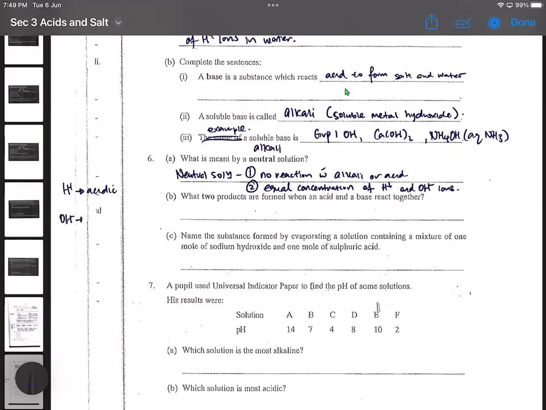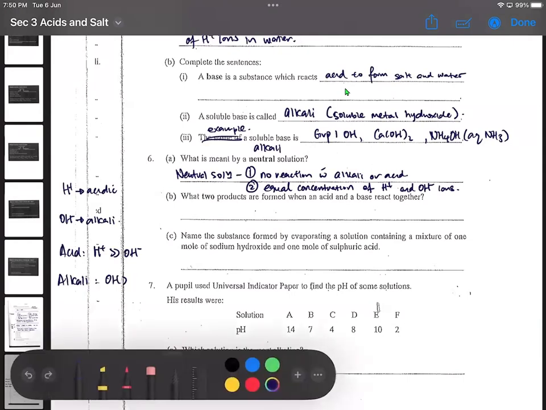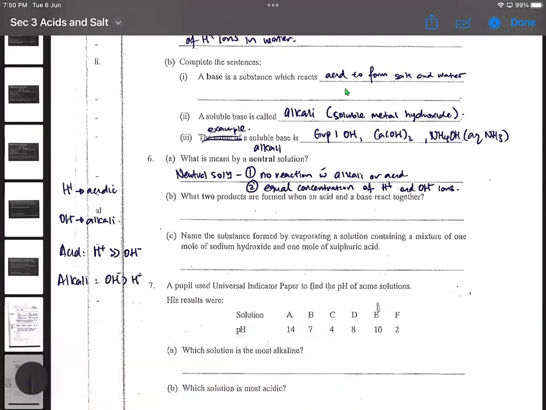OH minus ions account for the alkaline properties. So normally for acids, the H plus is more than the OH minus. And for the alkalis, the OH minus ions are way more than the H plus.